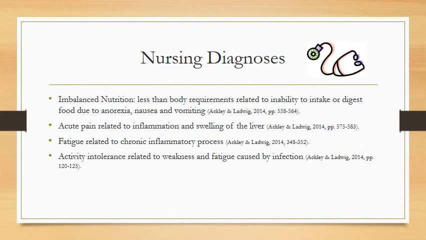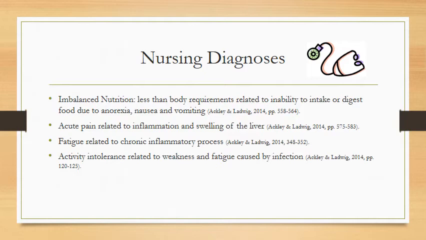There are several nursing diagnoses that closely apply to a person who has hepatitis. One is imbalanced nutrition, less than body requirements, related to inability to intake or digest food due to anorexia, nausea, and vomiting. That is a common problem with people with hepatitis. Another is acute pain related to inflammation and swelling of the liver.